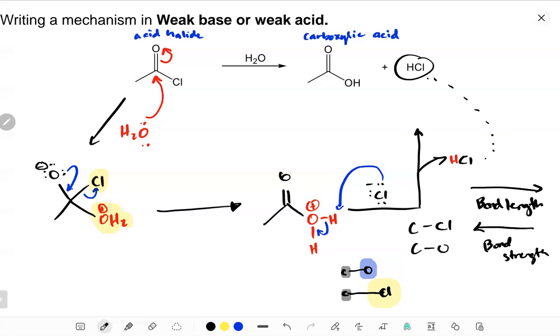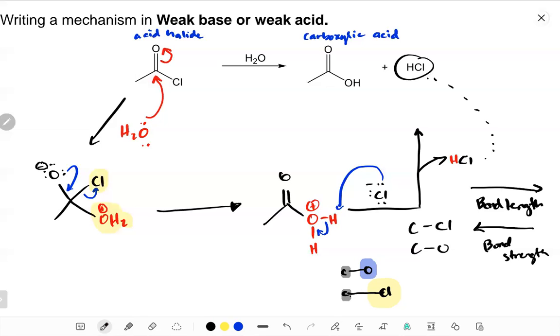And remember, the bond length is measured as the distance between two nuclei. That is why this bond between carbon and chlorine is the longer bond, and it is the weaker bond. It has less bond strength because it is longer.